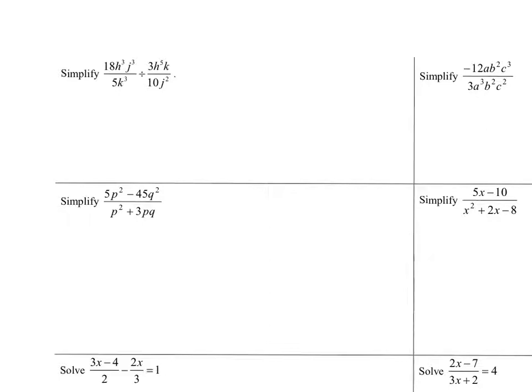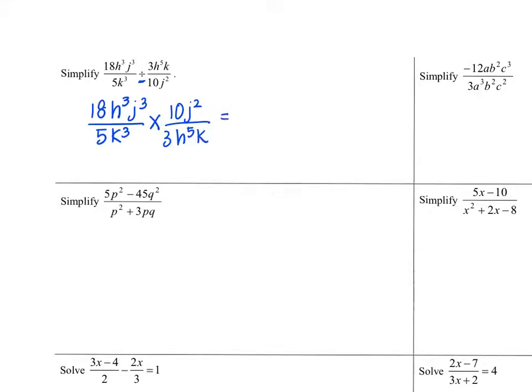Firstly, we are going to change the division sign to a multiplication sign. So this is 18h cubed j cubed over 5k cubed times, now I'm going to swap this and it becomes 10j squared over 3h⁵k.